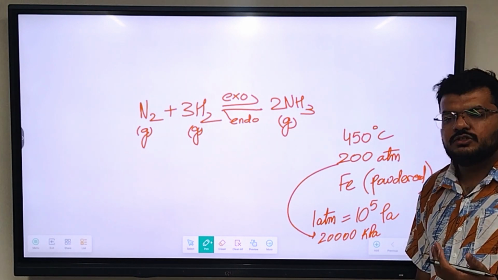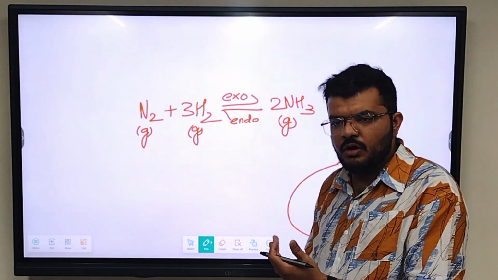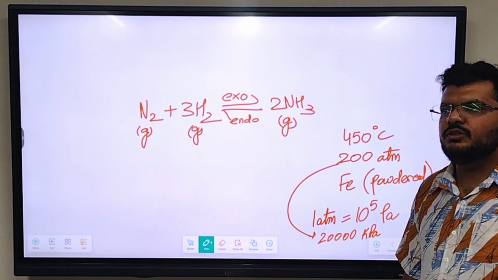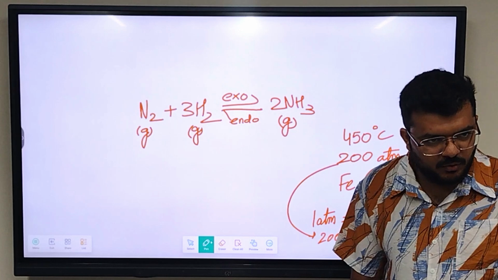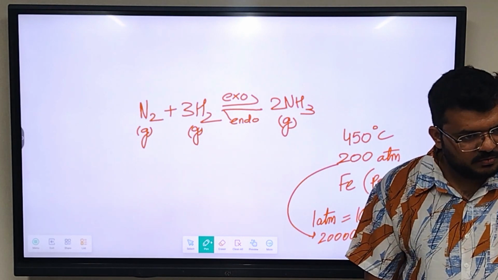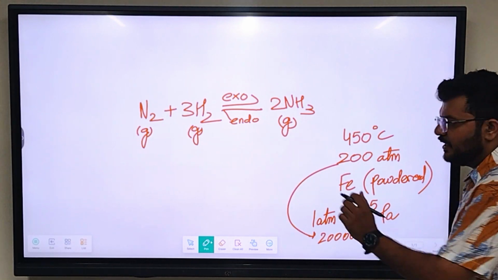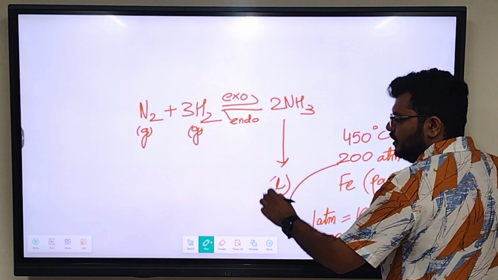So, I want a very good rate of forward reaction, right? So what I will do, I will do everything in my power to produce as much ammonia as possible. I will do a little bit of cheating. Instead of producing this as gas, we will condense this to liquid.